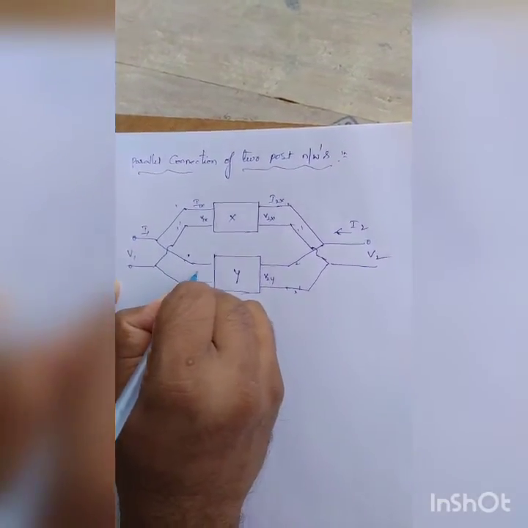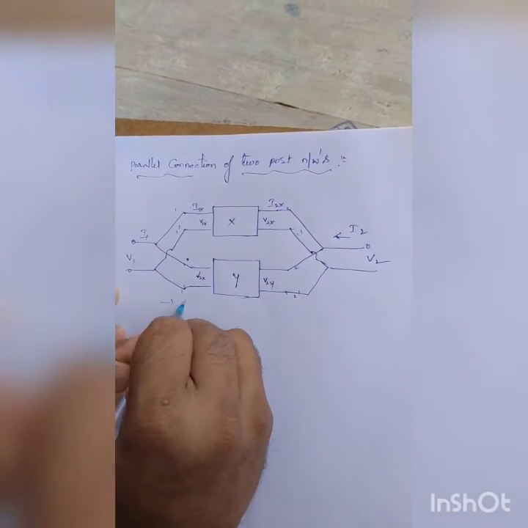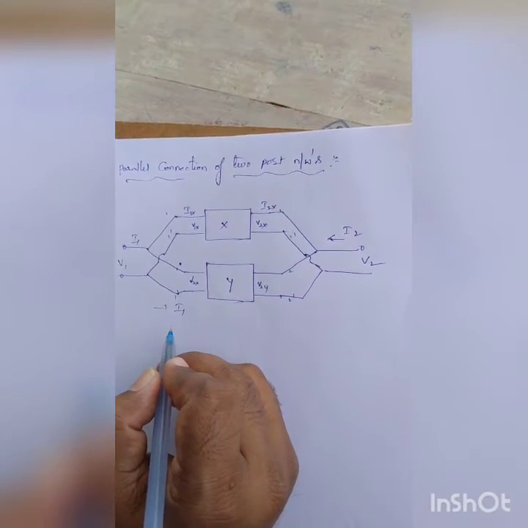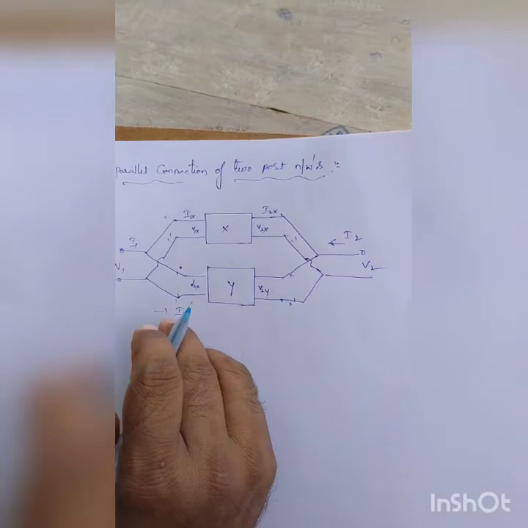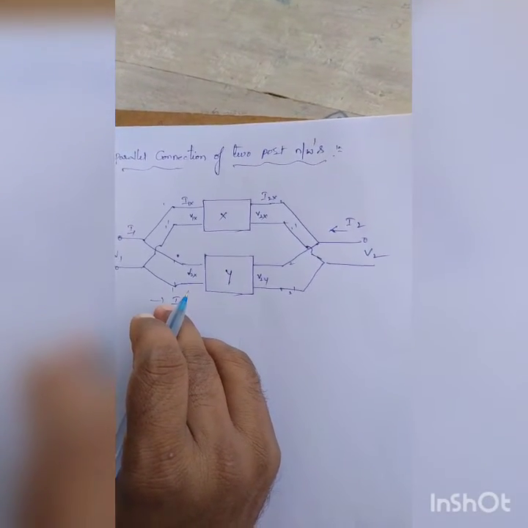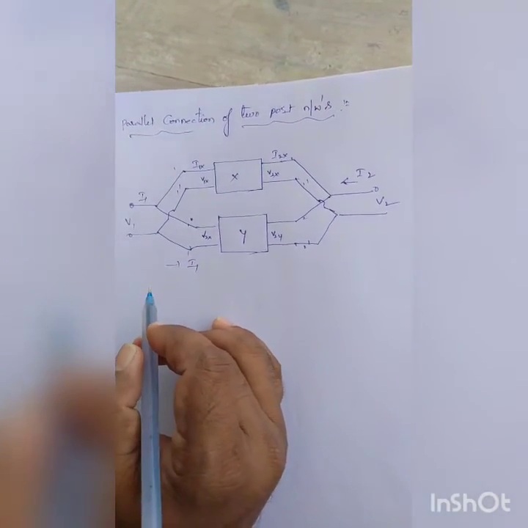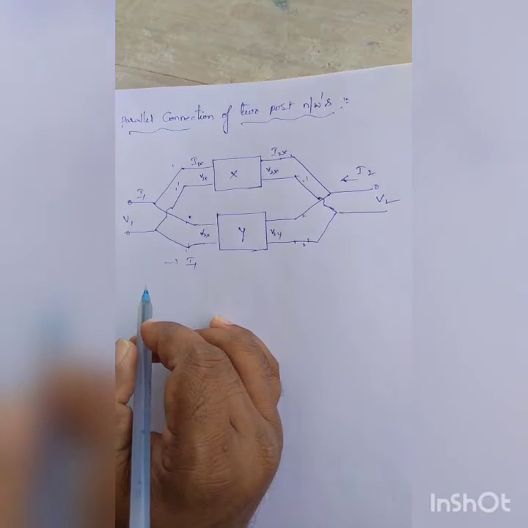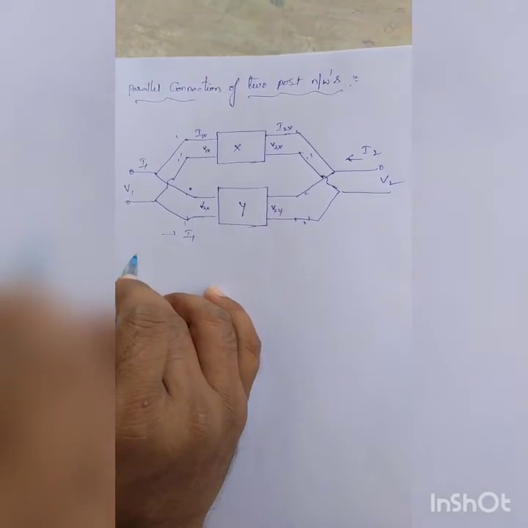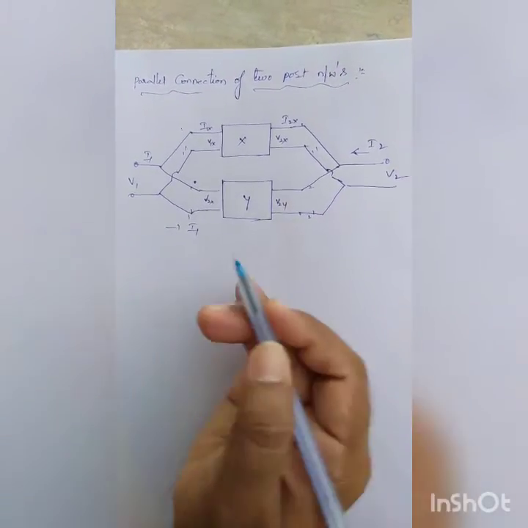In the previous class we discussed the series connection of two port networks. What are the equations of series connection? V1x, V2x, V1y, V2y. Similarly, in parallel connection we take I1x, I2x, I1y, I2y.